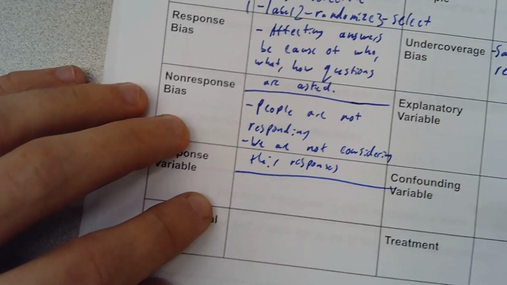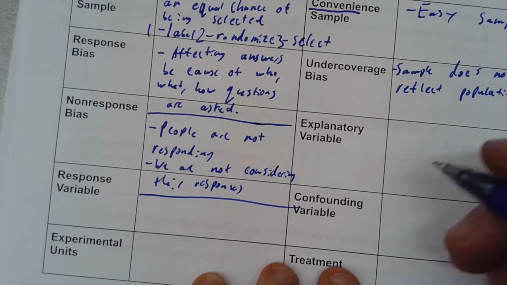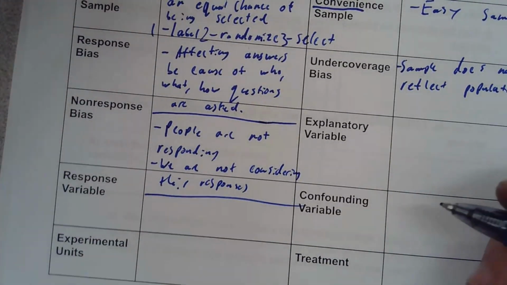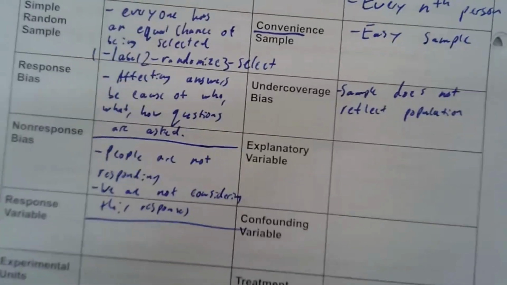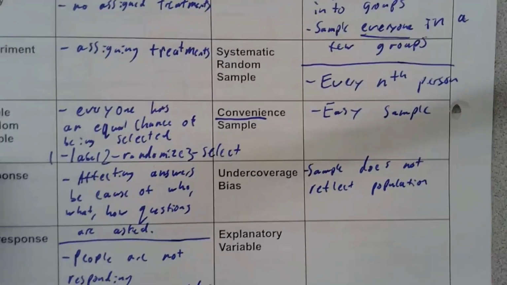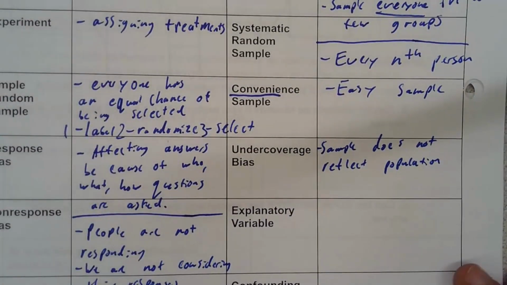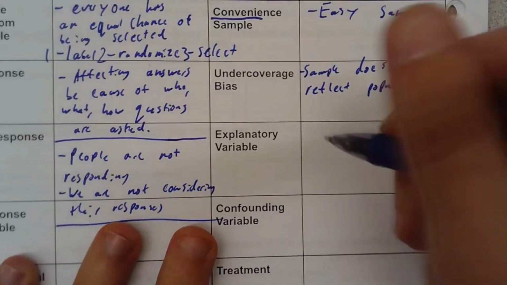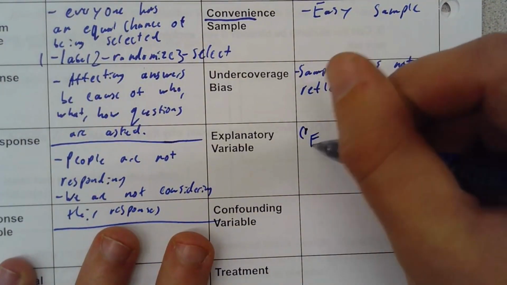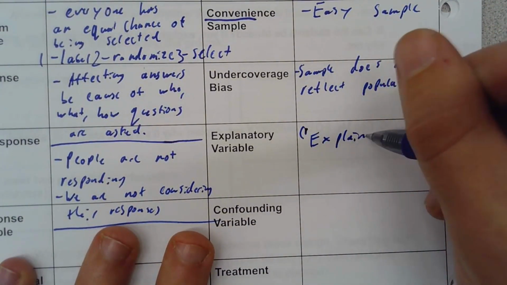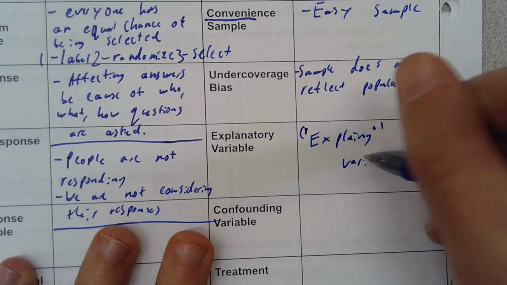Okay. Explanatory. This is review, right? Let me adjust this in a second. That's much better. Here we go. So the explanatory is the variable, like the explaining variable. I'm gonna keep it really like what's doing the explaining, right?